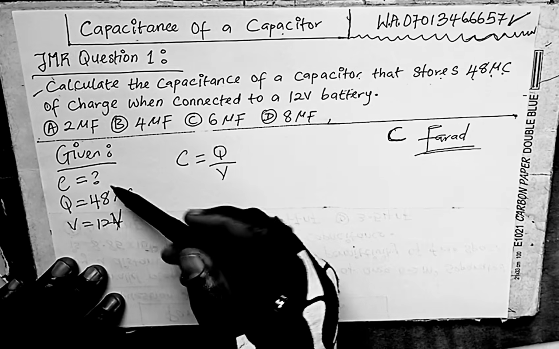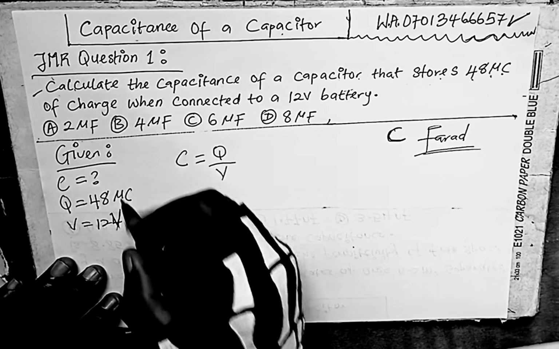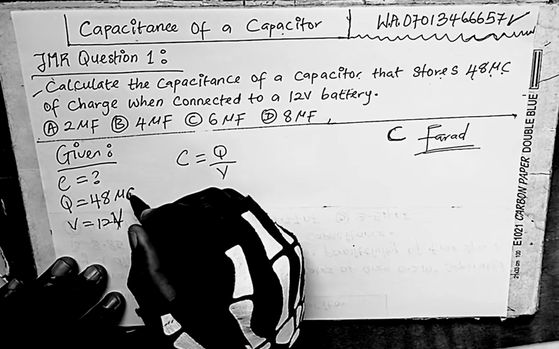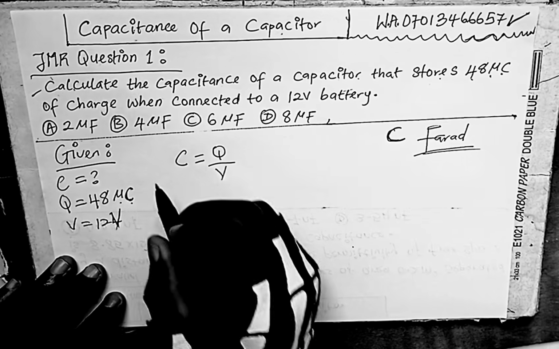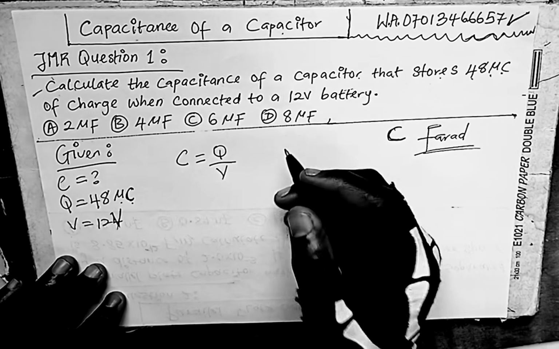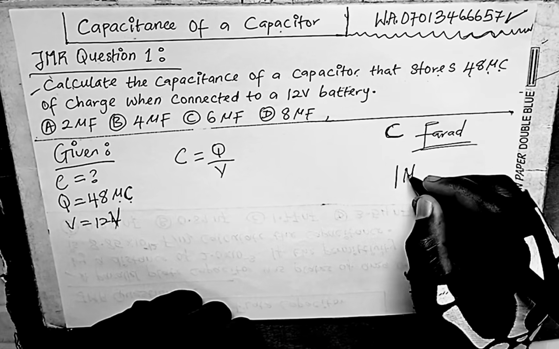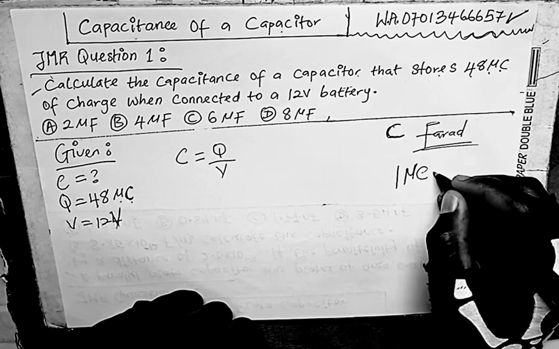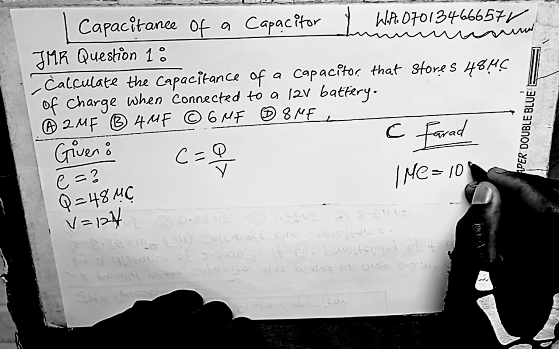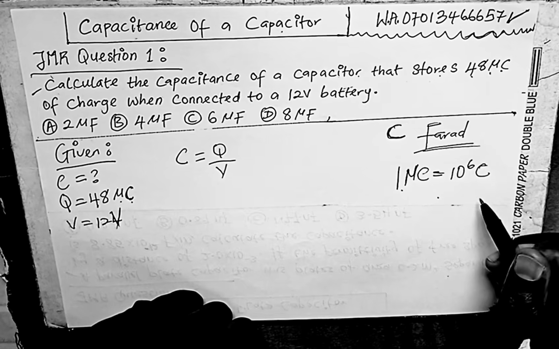But if you look at this, you discover that something needs conversion here. This nanocoulomb: the standard unit for charge is coulomb and not nanocoulomb. One nanocoulomb is equivalent to 10 raised to power 6 coulomb.